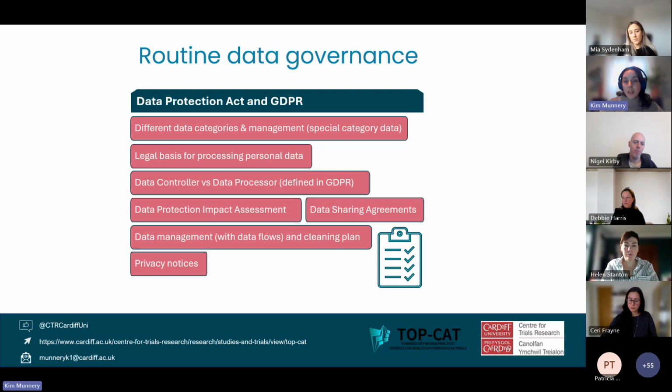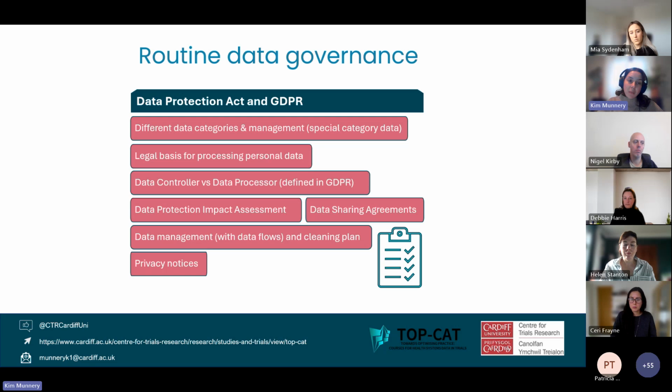So UK regulations are there to set standards on how to safeguard the public and the quality of the data being collected, also in turn enhancing the quality of the research. So if these particular regulations, such as the Data Protection Act and GDPR, are not followed, it can cause issues with your trial and sometimes it can be stopped if it's been audited.